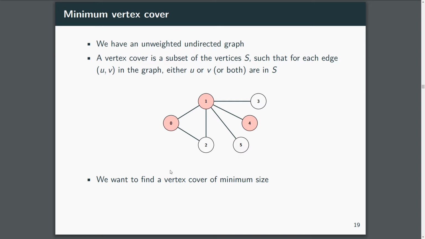And usually what we want is the vertex cover, or a vertex cover of minimum size. There can be many. So for example, if we select these two nodes instead, then this one covers these and this.